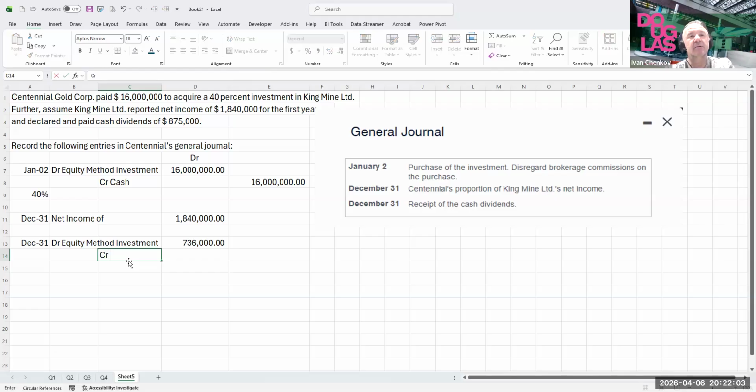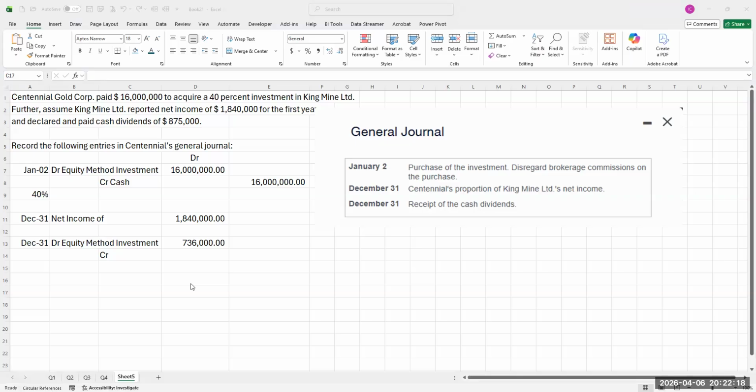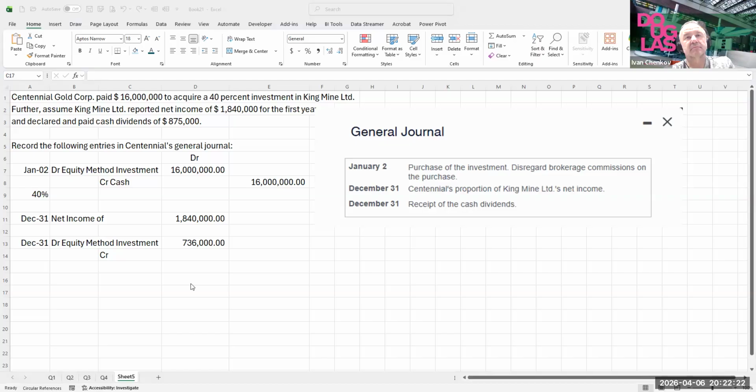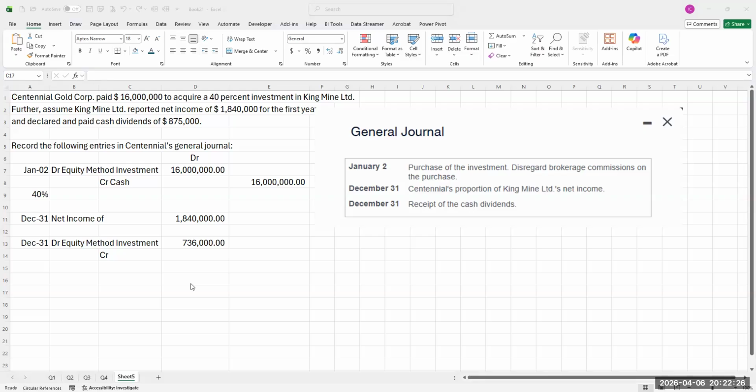Which account am I going to create now? Revenue? What revenue? Investment revenue or equity method investment revenue?